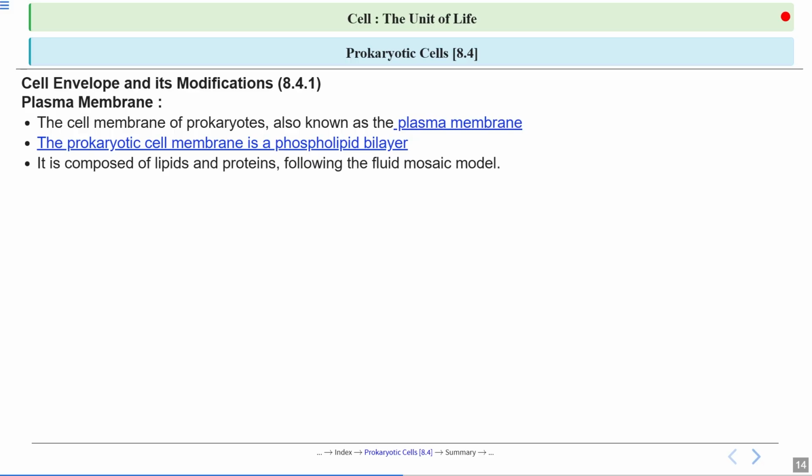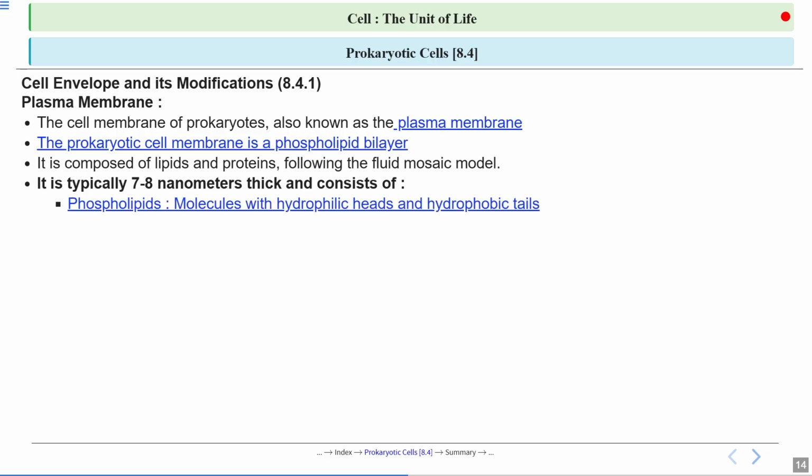Here also, the plasma membrane of the prokaryotic cell is a phospholipid bilayer, meaning two layers. It is typically 7 to 8 nanometers thick and consists of phospholipids.